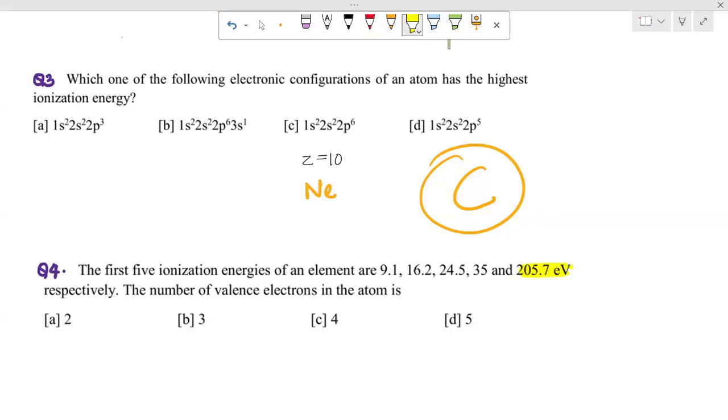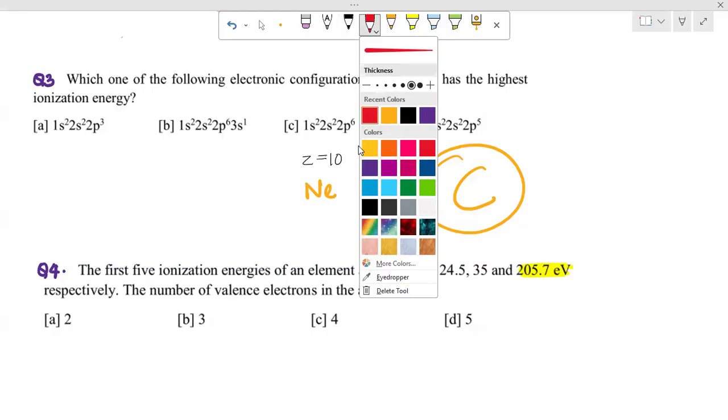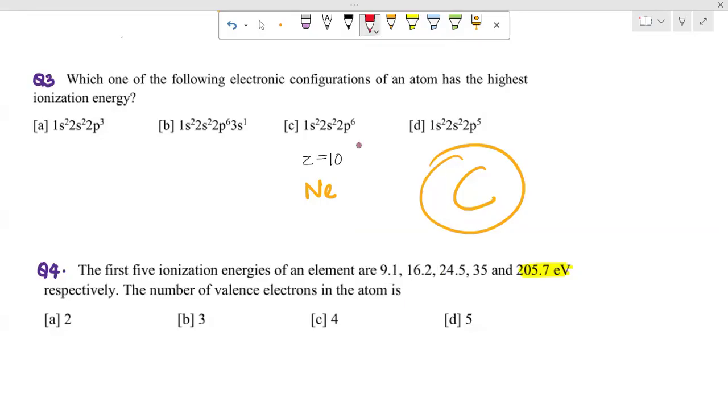So if you can see over here, okay, observe. We can understand that on moving from 9 to 16, the change is very small. Only 7 electron volt change. From 16 to 24 also, it is very negligible, 12 only.